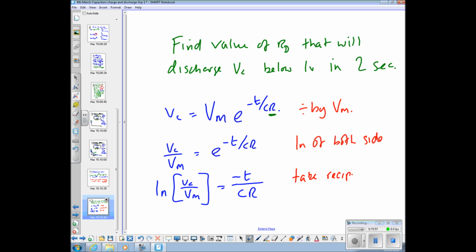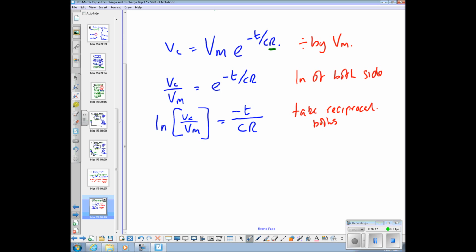Take the reciprocal of both sides, turn the fraction up the other way. Bearing in mind that this could be written as ln vc over Vm divided by 1. So by doing that, we end up with 1 over ln little vc over Vm is equal to CR over minus t.